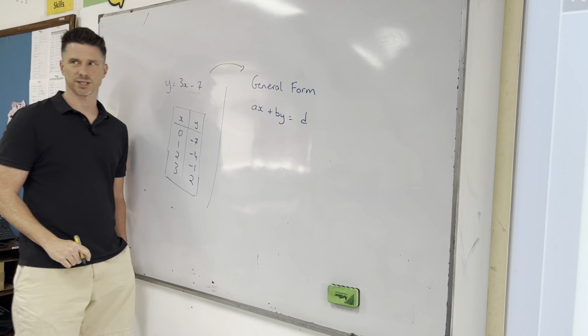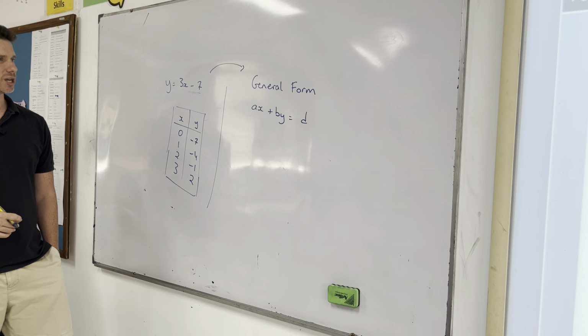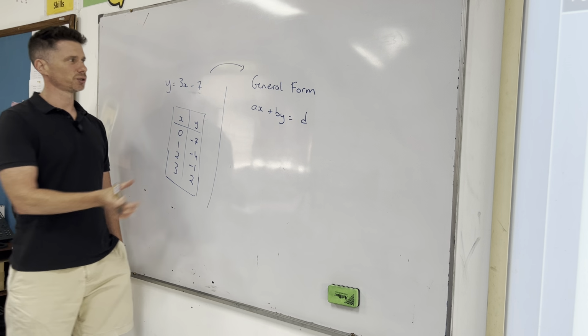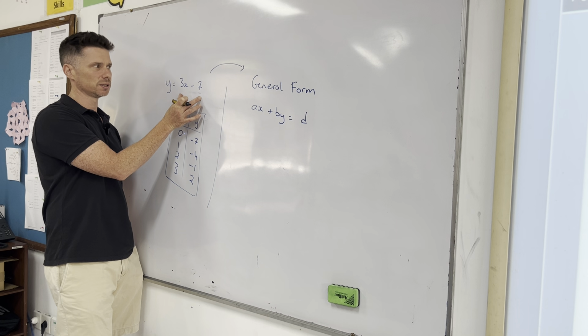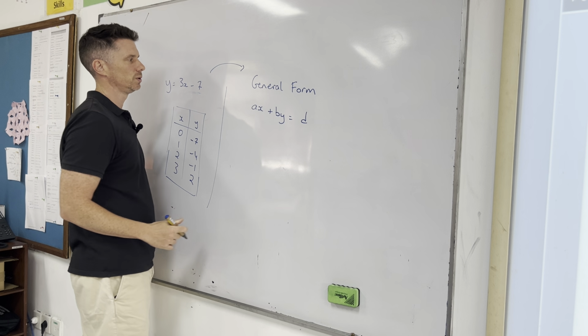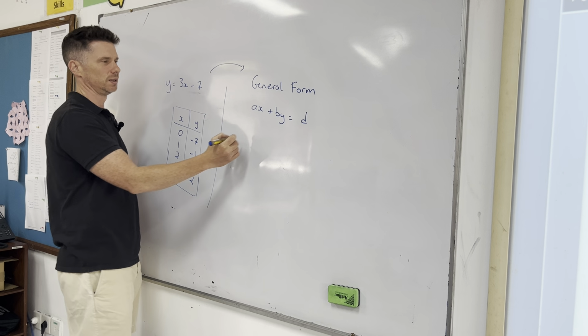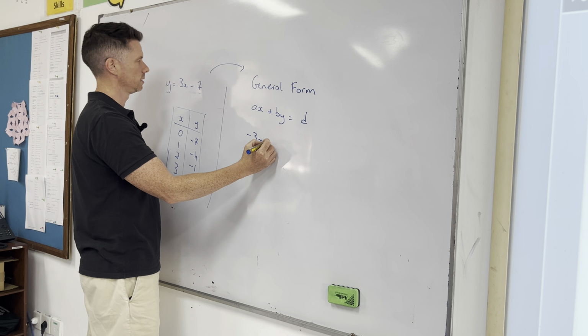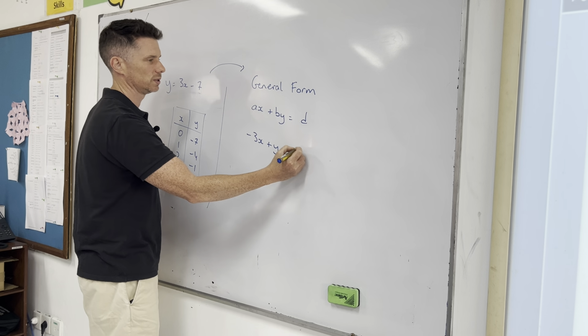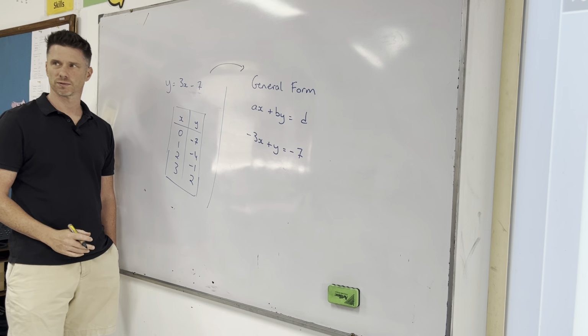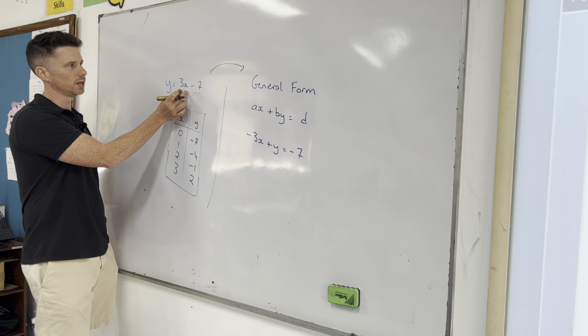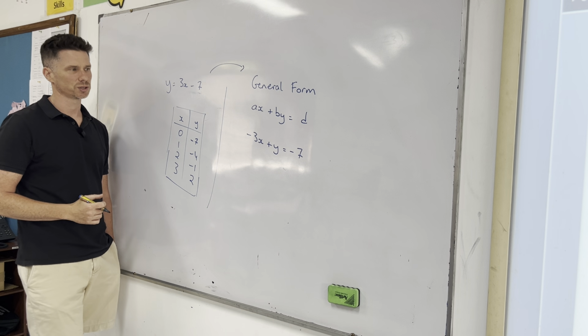Could be, but not always. This is called the general form. In most cases, it just requires a rearrangement of this. For instance, this one would be minus 3x plus y is equal to -7, or some version of that. Just subtracting the 3x over here.